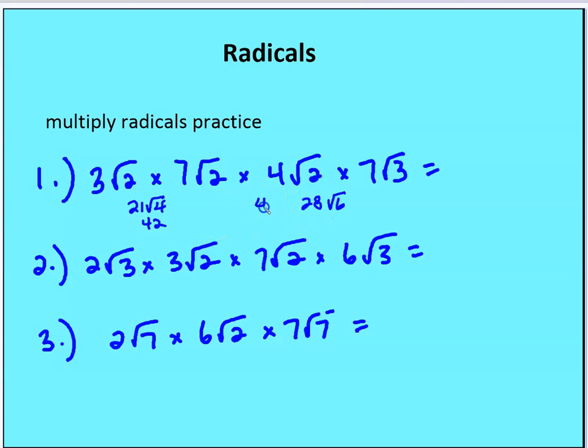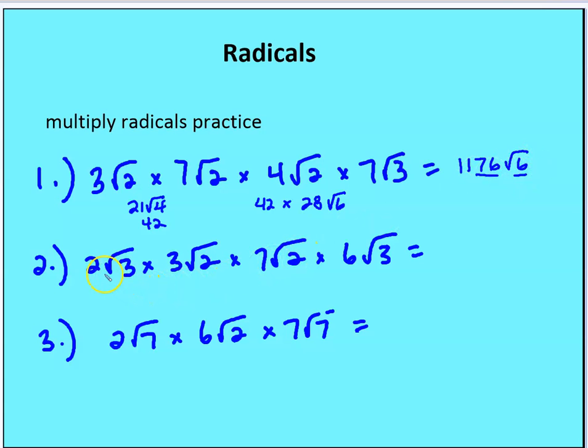So this is 42 times 28 root 6. And if I do my calculations correctly, it's 1,176, at least if I typed in the correct numbers into the calculator, times the square root of 6. Square root of 6 has no perfect square roots as factors, so I just leave it as this.